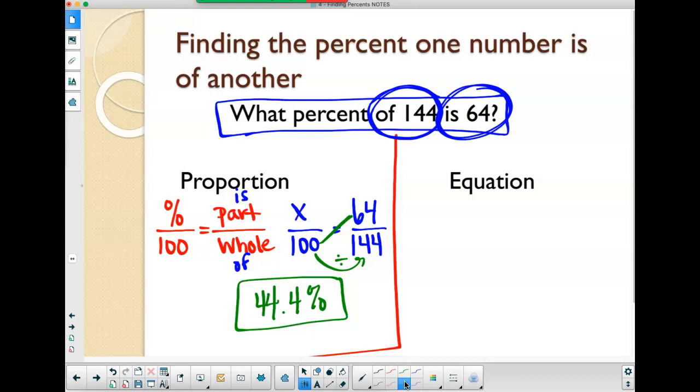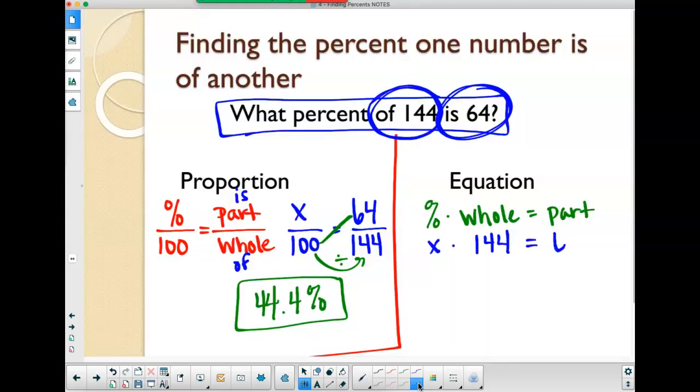If we're going to use the equation, it looks like this. Percent times whole equals part. Then we're going to fill in our numbers. I don't know the percent, so I put an X there. The whole was 144.